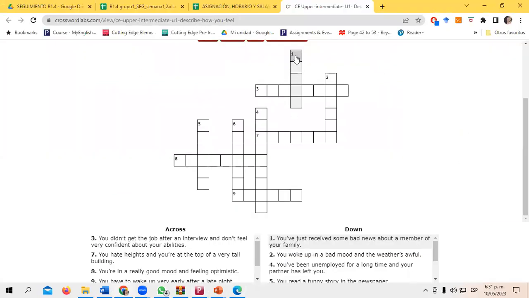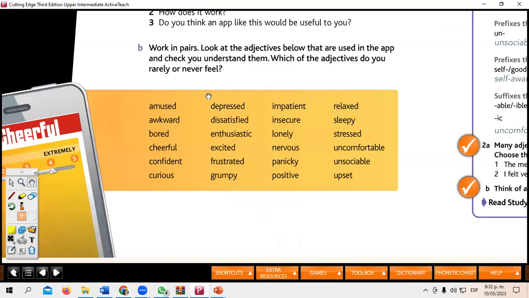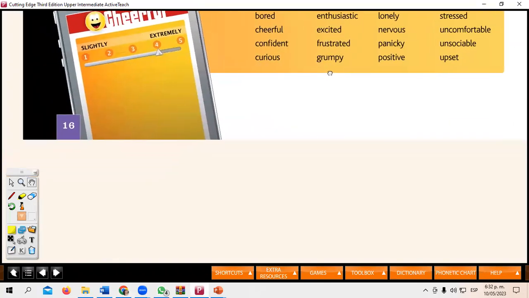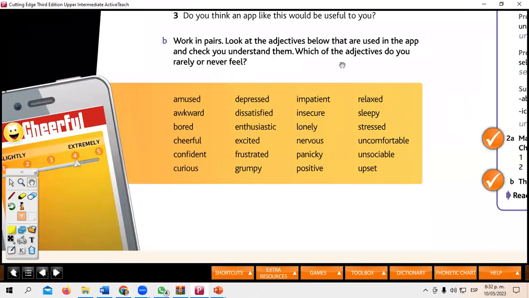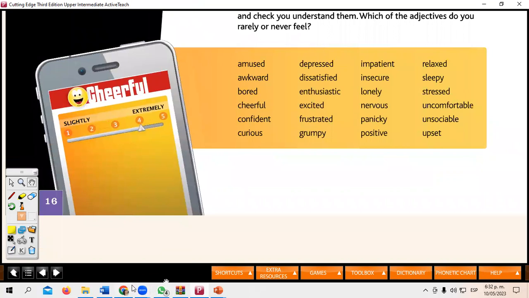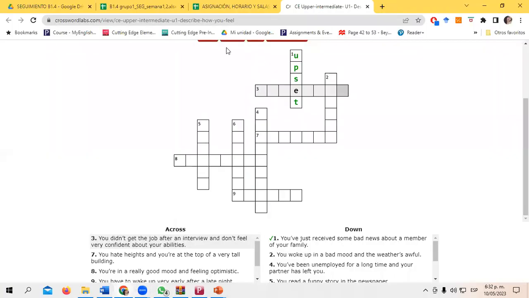The answer here is upset. Okay? So the idea is for you to complete the other words in the crossword, reading the definitions and using the adjectives here on page 16, okay? I'll give you some minutes and then when you finish, we can check the activity together.